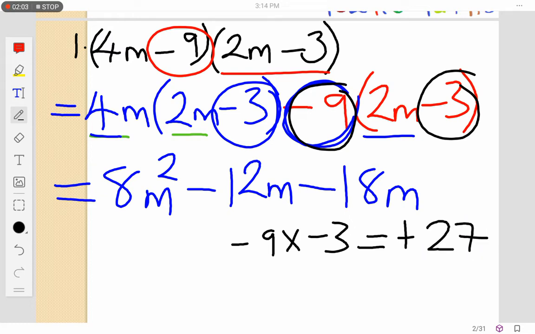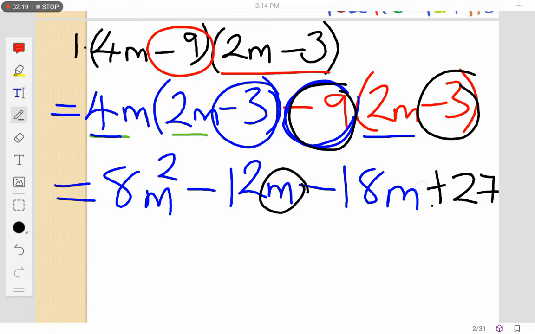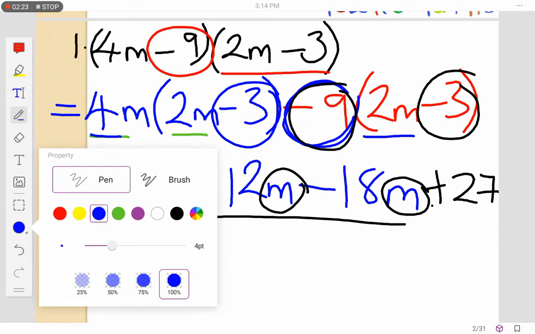Okay, so I'll write that as the answer there. Okay, that's how we do it. So I'll write 27. Okay, now we could end here, but we have got a common factor there, m, so we can simplify these two. Okay, let's simplify those two.